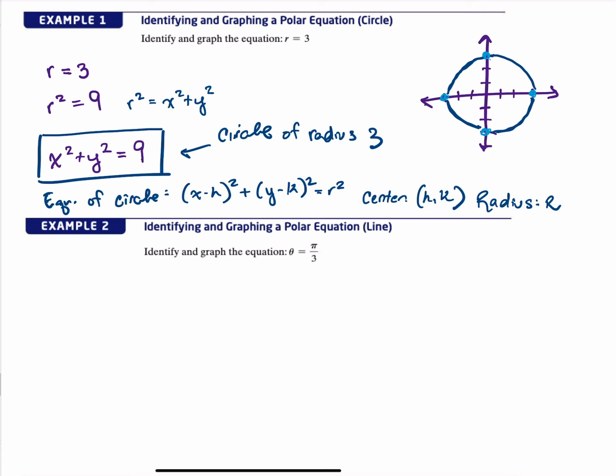So looking at the original statement, it kind of makes sense. It's something where the radius is always 3, or the distance from the pole is always equal to 3. We can imagine going out a distance of 3 units, and then letting theta be free. You just let the angle be anything. And we end up tracing out a circle. It's a collection of points where the r value stays constant.